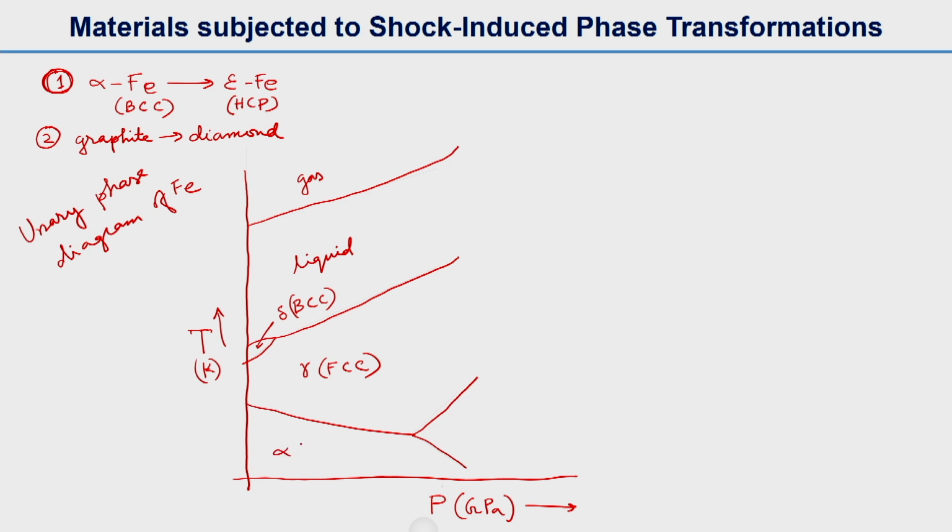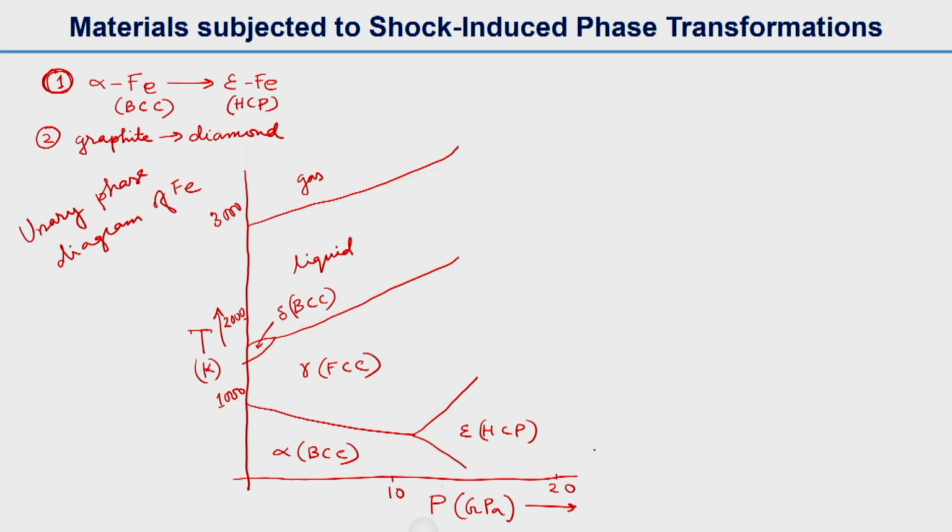At lower temperature it has the BCC crystal structure, that is the alpha phase, and then the epsilon phase with hexagonal close-packed structure at very high pressure. So this pressure is 10 gigapascal, 20 gigapascal here, and the temperature is 1000 Kelvin, 2000 Kelvin, 3000 Kelvin.